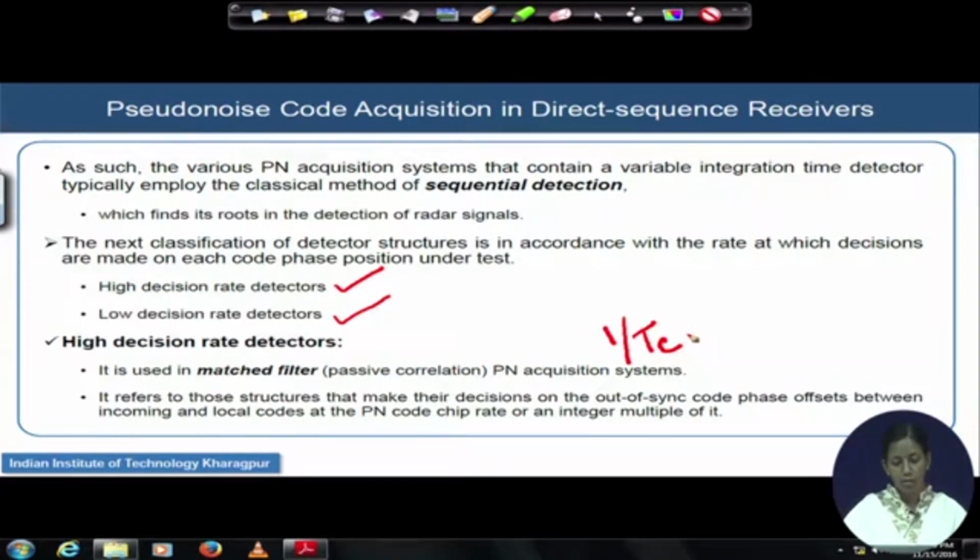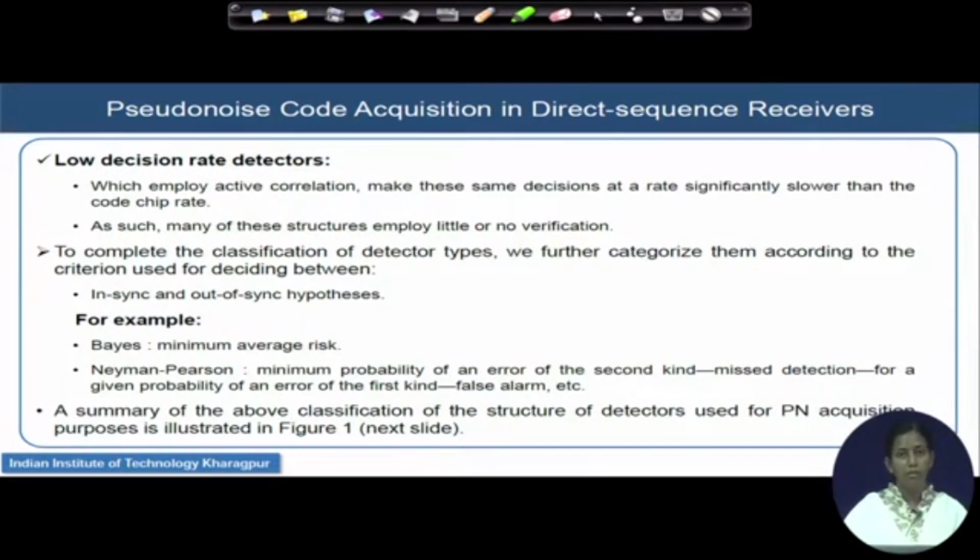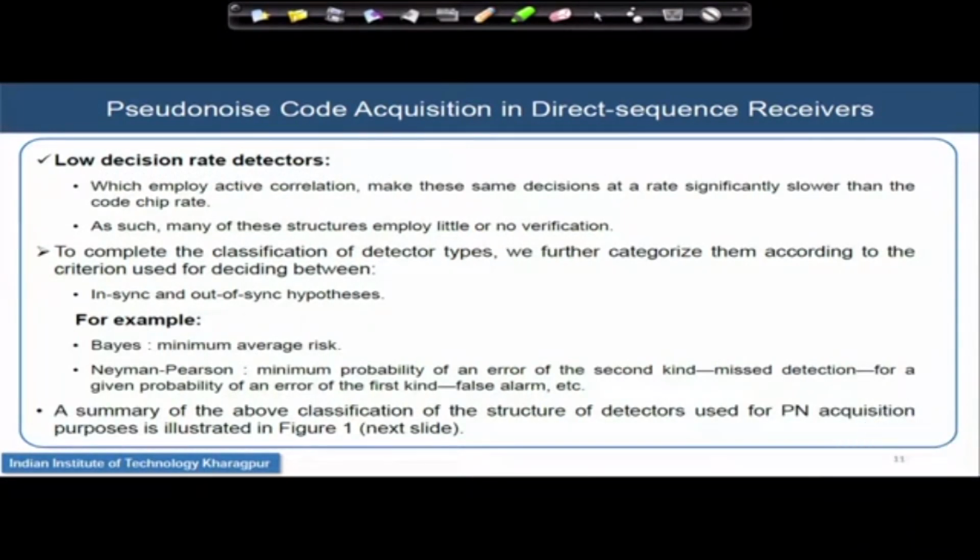These detectors are usually hardware intense, a huge circuit, and they take the decision on the out of sync code phase offsets between the incoming and the local code generation either at the chip rate, or at an integer multiple of this chip rate. Though they are fast enough, their accuracy is under question. There is a lot of possibility of a higher rate of false alarm in such detectors, and it is also a hardware intense circuit design.